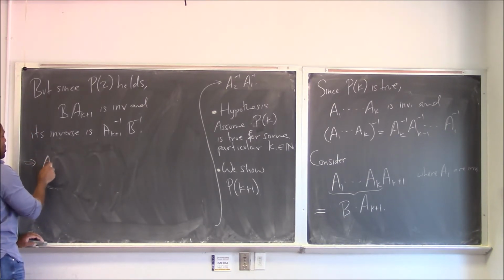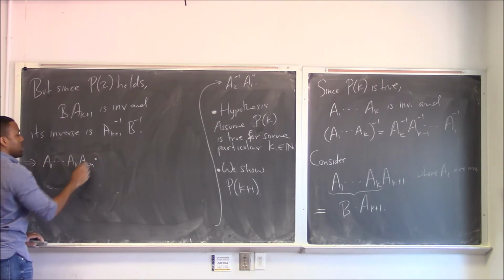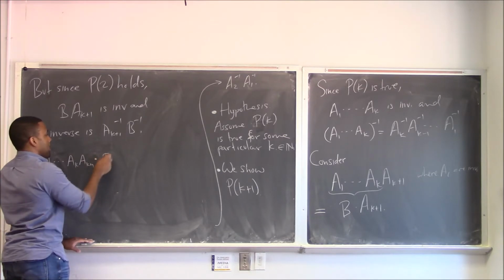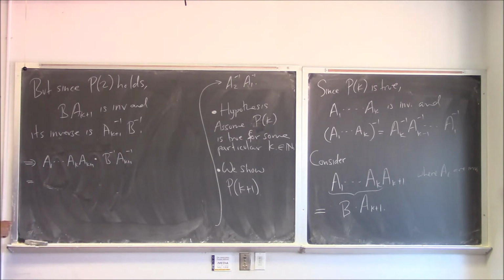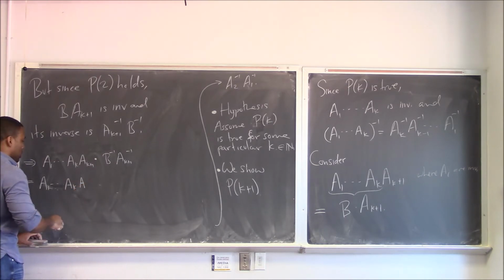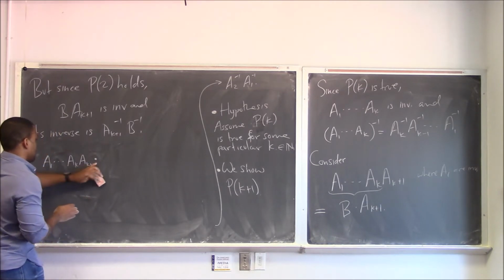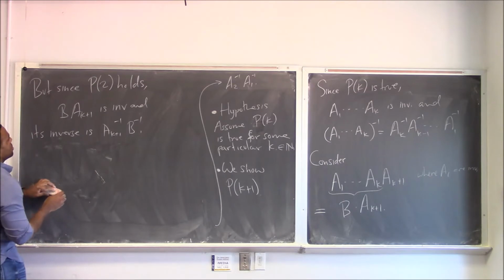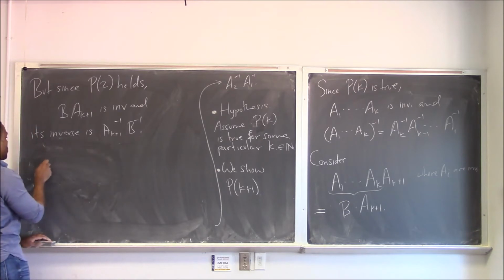So if I take A_1 all the way through A_{k+1} and multiply it by B inverse A_{k+1} inverse, the result will be... I want to multiply it on the left, so you can see. Well, it's actually not going to matter. I just wrote it down in the wrong order there.